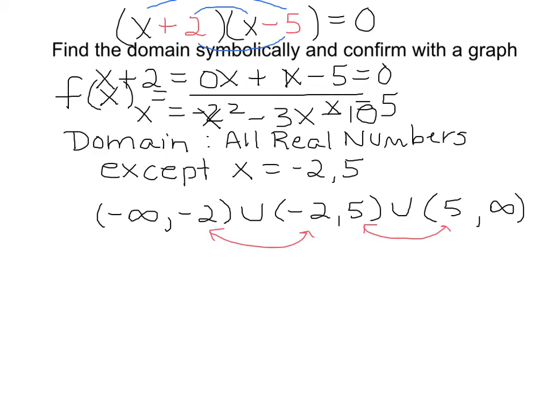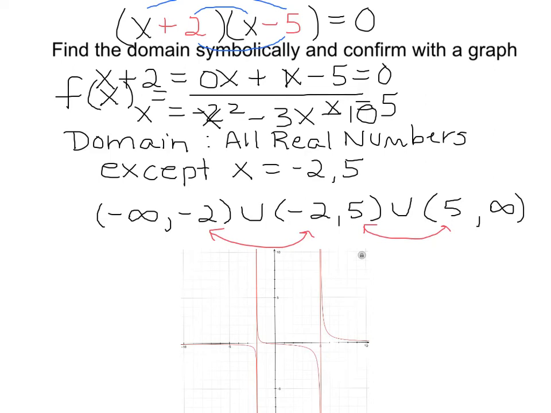So now let's take a look at the graph of this function and how we see this show up in the graph. So here we are with the graph of this function, x plus 1 divided by x squared minus 3x minus 10. And we can see that at negative 2, we have a vertical asymptote.